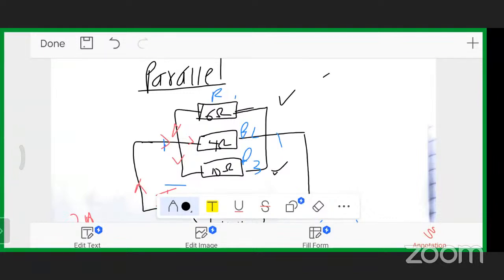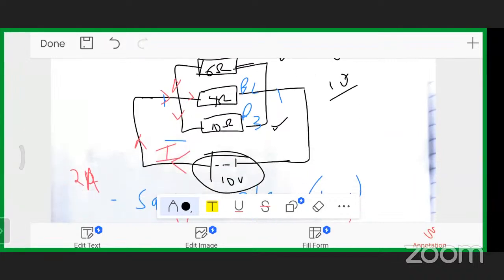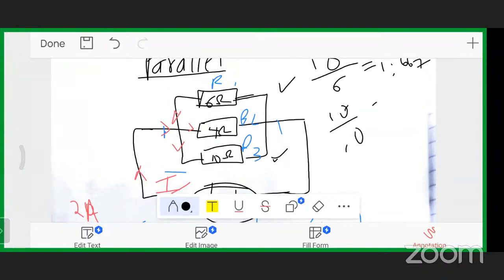For the 6 ohm, I is V over R. So it is 10 divided by 6. So 1.667. Then the other one is the one through the 10 ohm. So 10 divided by the same 10, you'll find 1.0.